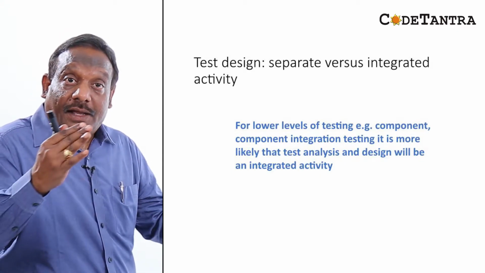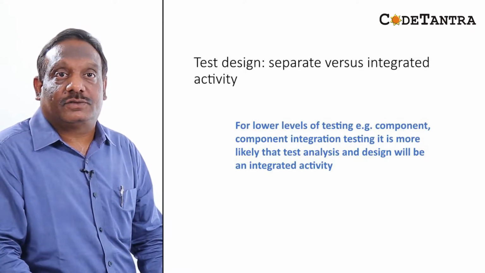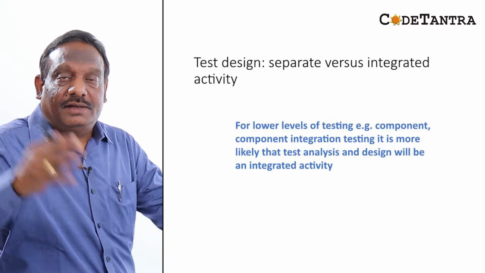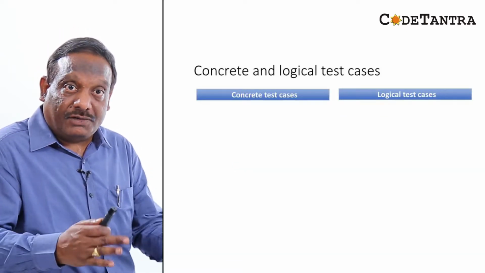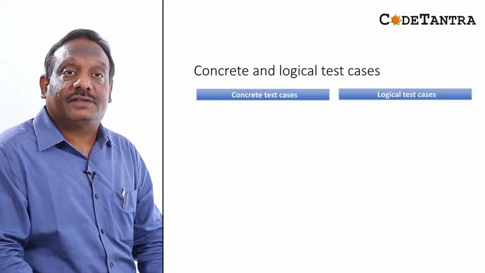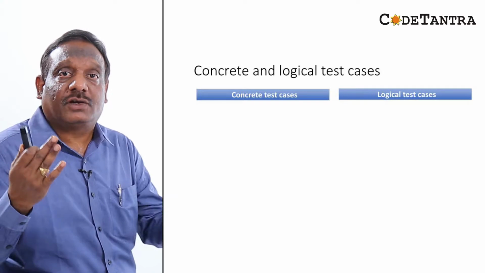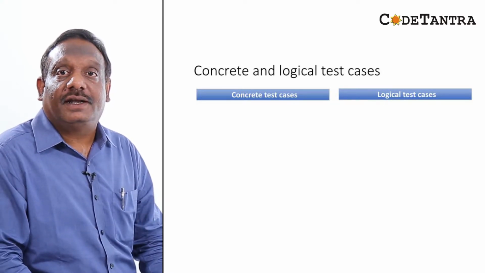And also the level of detail that we have to put in our test cases. If it is a high level test case, we term it as a logical test case. If you write a lot of details into a test case, then we call it a concrete test case. So how do we compare the pros and cons of concrete test cases versus logical test cases?